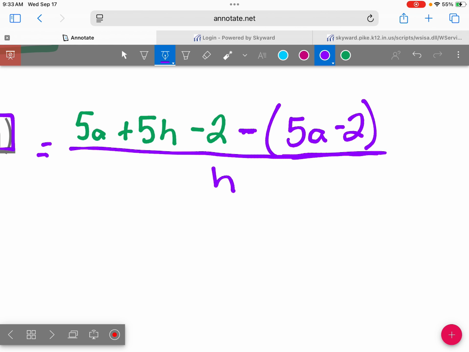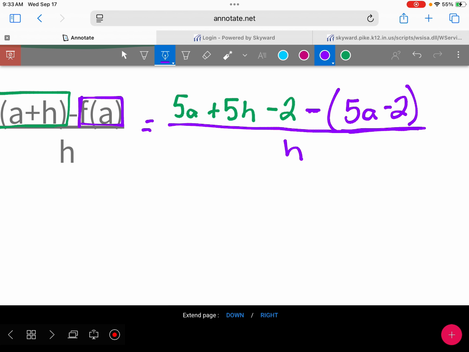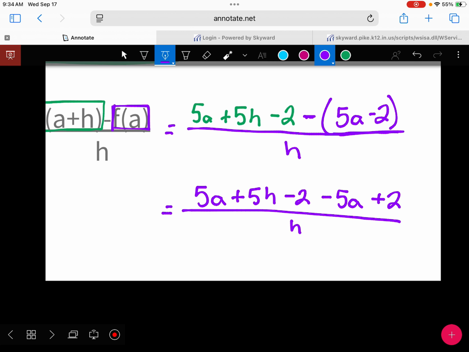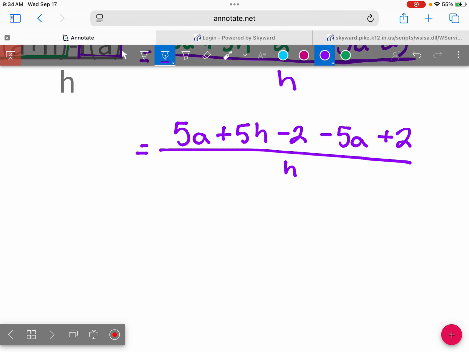I'm going to zoom in just so we can see this, just this bit. Okay. So then we can simplify this numerator a bunch. So we're going to have our 5a plus 5h minus 2. Then we're going to have our minus 5a plus 2. And when we come through to try and simplify this numerator, what do we see happening?